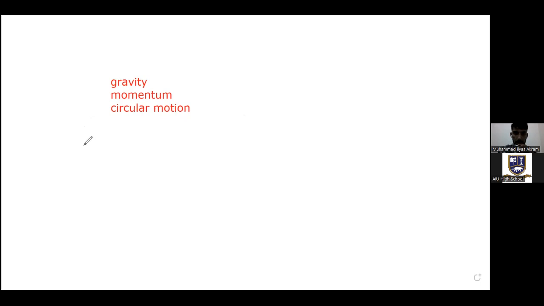It means that if there is some object having mass m1 and there is another mass m2, they always attract each other with the same force. The same amount of force that is exerted by this mass on m2, m2 will exert with the same magnitude on mass 1.